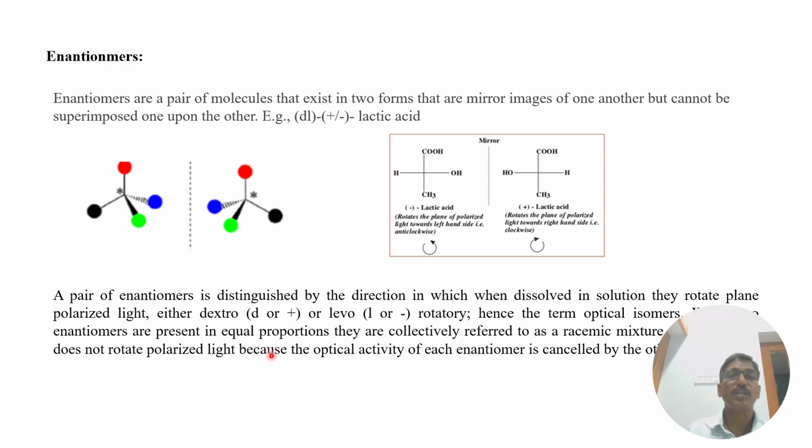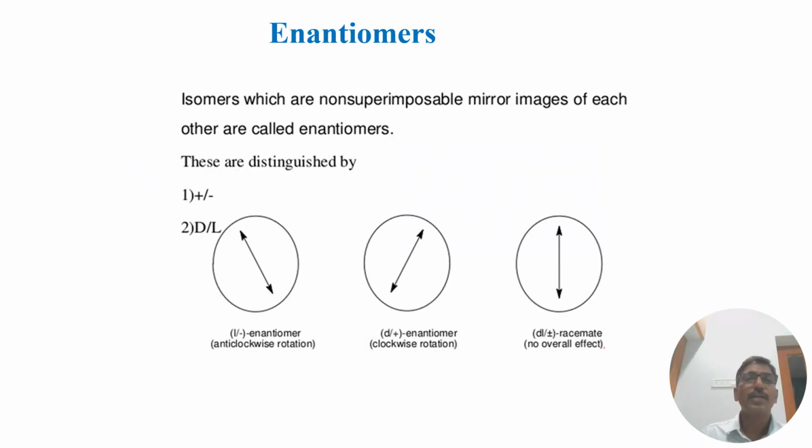When enantiomers are present in equal proportions, they are collectively referred to as a racemic mixture, and it doesn't rotate polarized light because the optical activity of each enantiomer is cancelled by the other one. In this slide, one can see the diagrams where the first one shows the levo, anti-clockwise rotation, negative sign enantiomer, whereas the next one is dextro, or positive, a clockwise rotation.